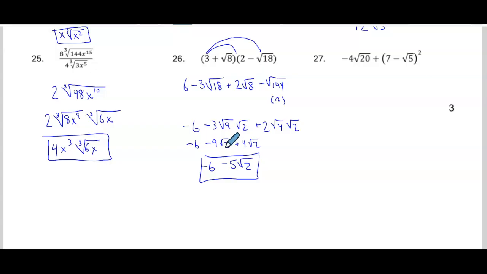Okay, number 27's got a bunch going on. So, let's simplify this one while we're at it, instead of just recopying it. So this would be 4 times 5. And so that's 2 times negative 4 is negative 8 root 5. Over here, I need to multiply this root times itself.